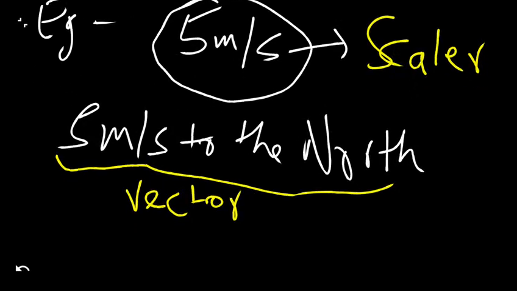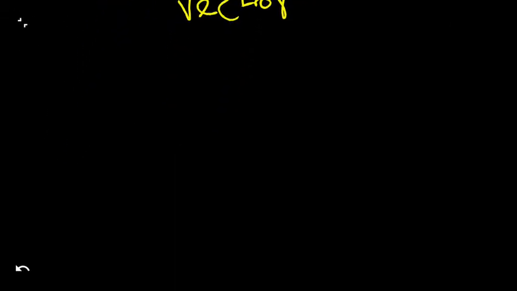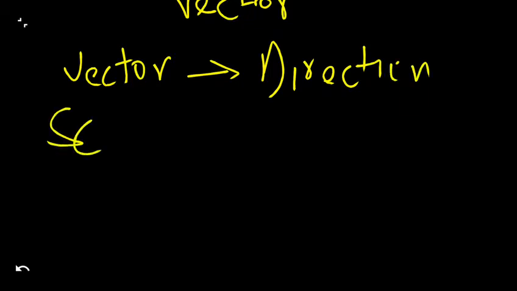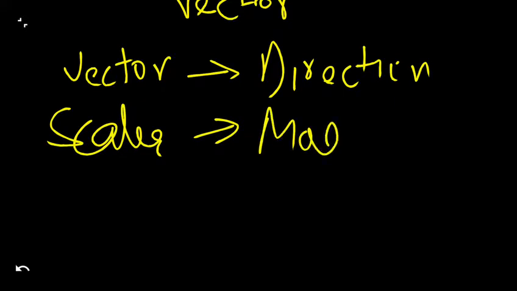So what's the difference between a scalar and a vector quantity? It's simple. A vector has a magnitude and direction, while a scalar has only magnitude.